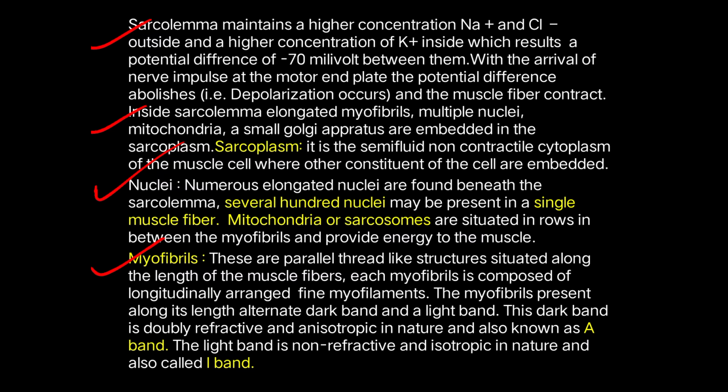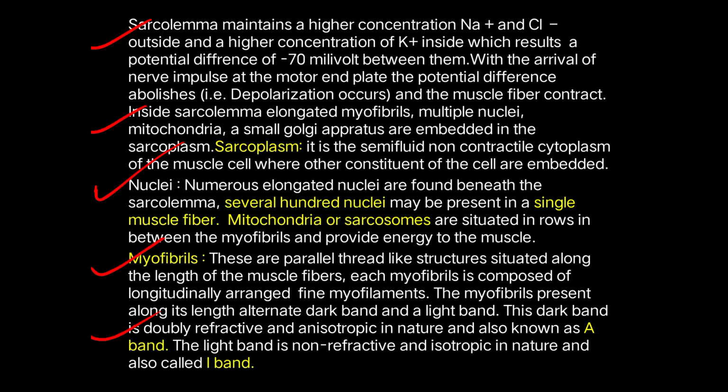Each myofibril is composed of longitudinally arranged fine myofilaments, and the myofibril presents along its length alternate dark bands and light bands. The dark band is highly refractive and anisotropic in nature because of overlapping of actin and myosin. Actin is the thin filament, myosin is the thick filament, and this is also called the A band.